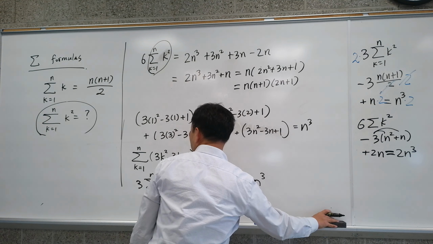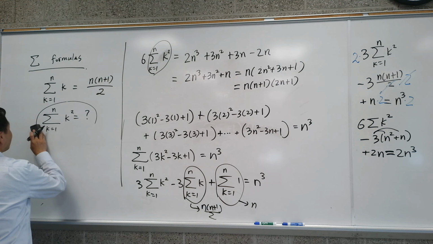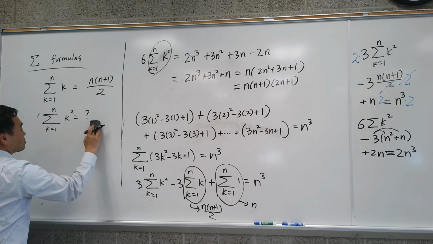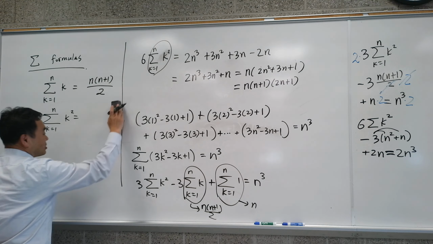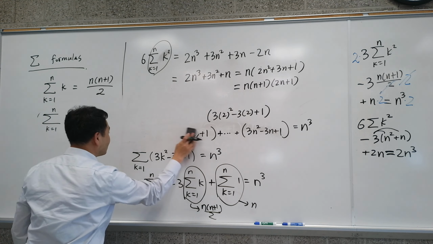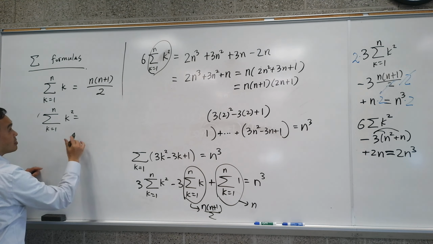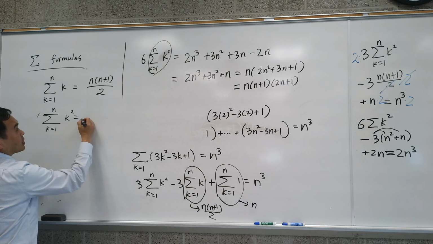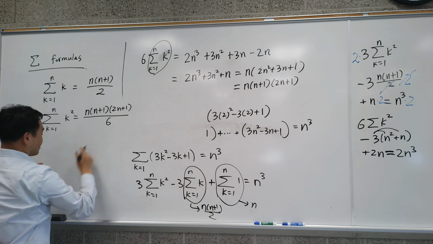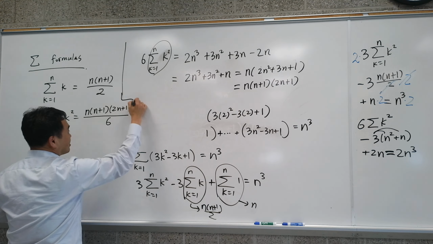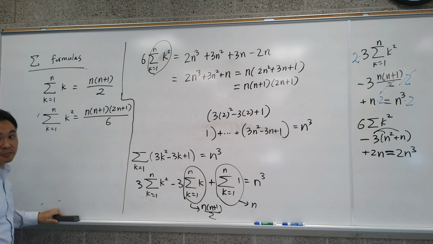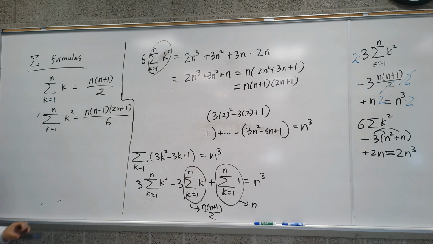Yes. So here's the formula that we just obtained. With that long, arduous process, we found out that you have n times n plus 1 times 2n plus 1 over 6 as the summation.